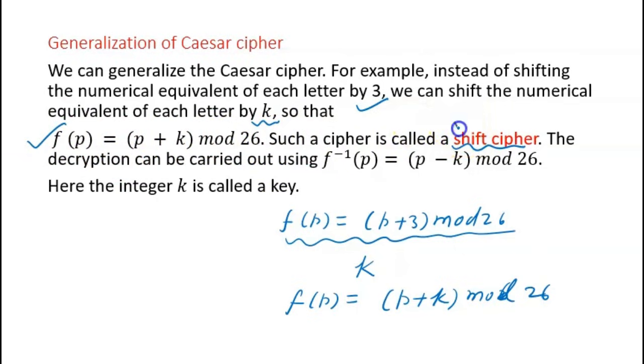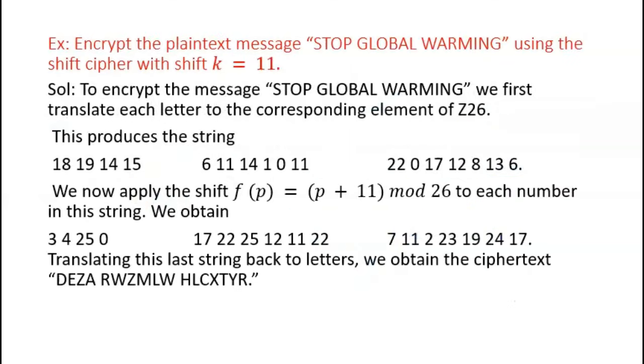Such a cipher is called shift cipher, and the decryption can be carried out using the inverse, that is f inverse(p) = (p - k) modulo 26, where the integer k is called a key. I hope there is nothing special about this. In Caesar cipher I was using 3 as the key, and in shift cipher I can take any integer as the key. To make sense of it, let us look at this example.